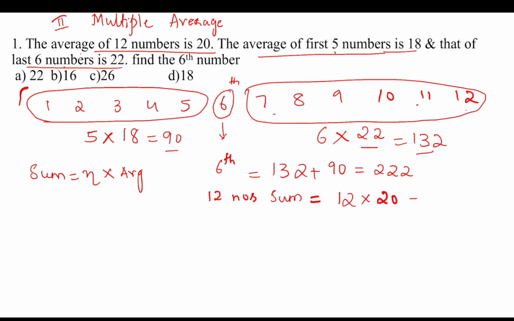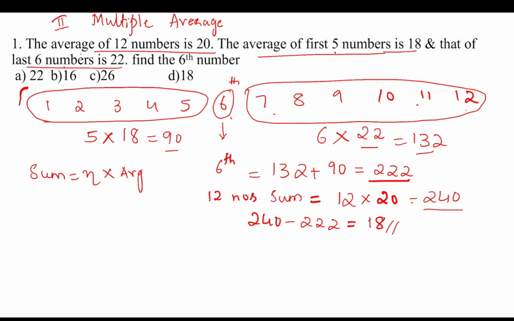So 12 into 20 is 240. So we know the total sum and the sum of first 5 and last 6 numbers. When I deduct these both, 240 minus 222, I will get the sixth number. So 240 minus 222 is 18. So the sixth number is 18.